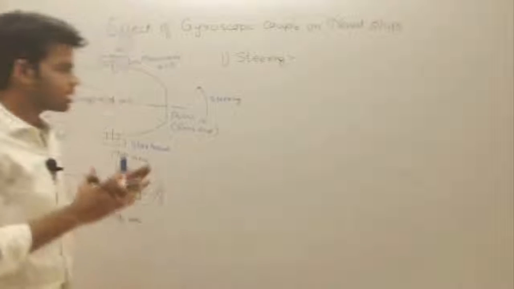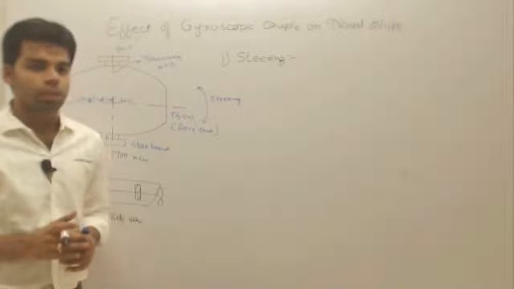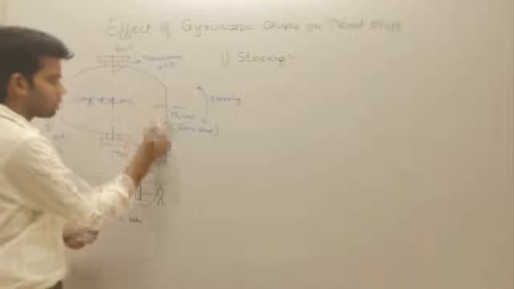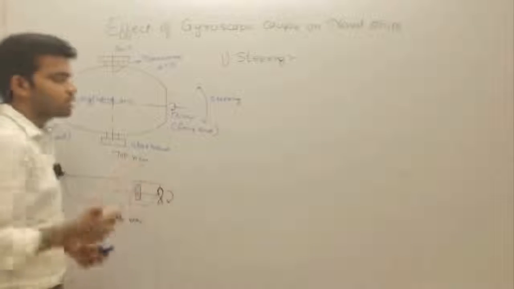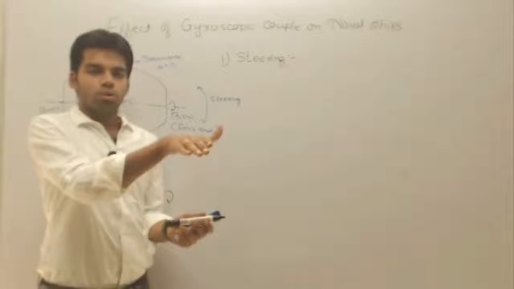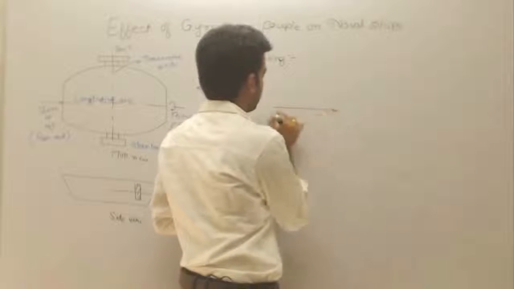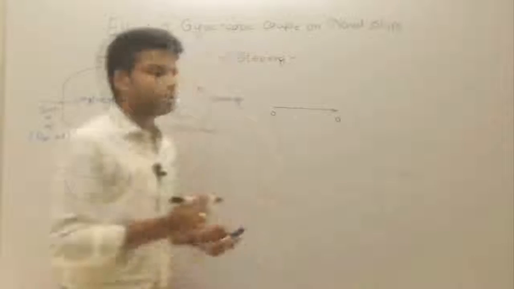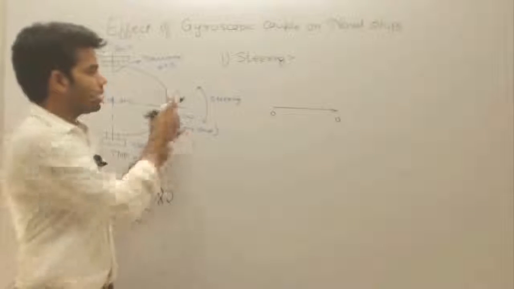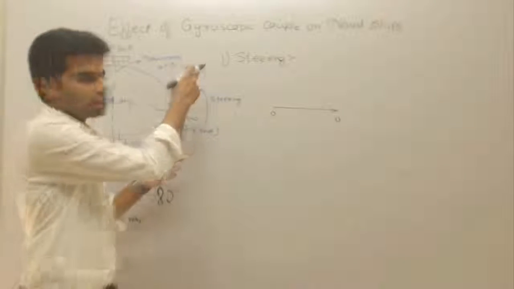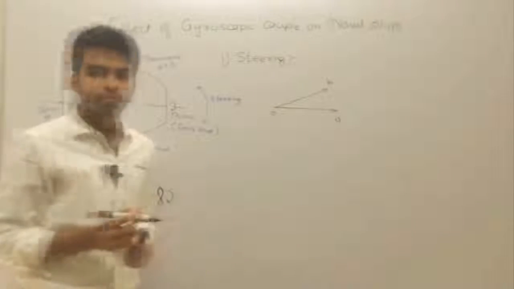Okay, so let us analyze this, and this phenomenon will be the same as what we have studied in the aeroplane. So initially this is our rotor. Suppose that the rotor is rotating in a clockwise direction. Because the rotor is rotating in a clockwise direction, the direction of angular velocity will be like this. This is the OA vector, initially the angular velocity. When the ship is turning left, the final angular velocity vector will be OB.